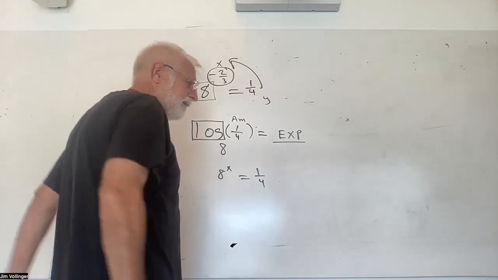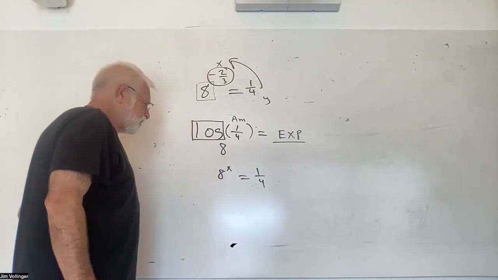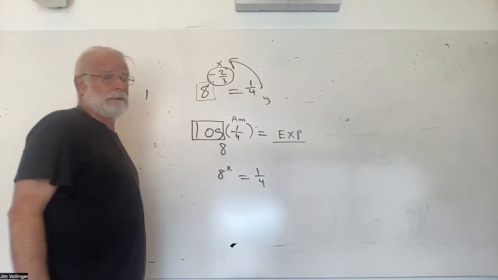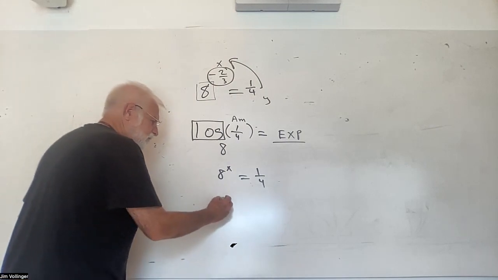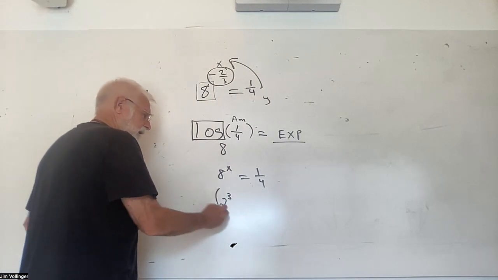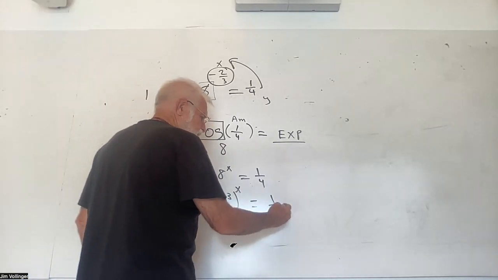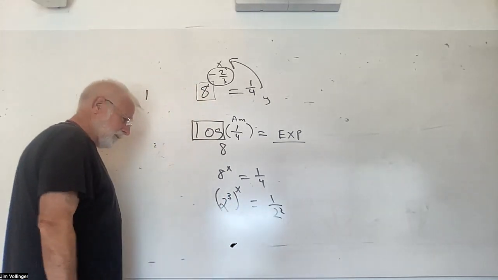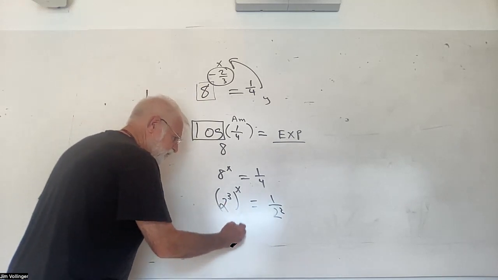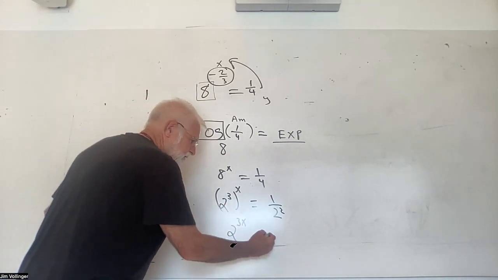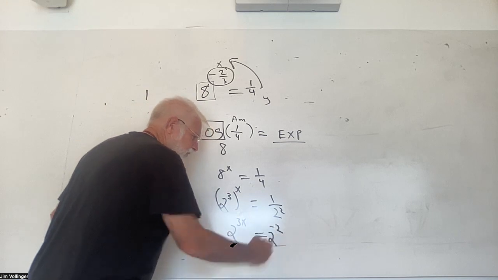All right, so what's the same base? How can I express the number 8 and 1/4 exponentially? Well, 8 is 2 to the 3, and I can raise that to the x power. And 1/4 is 1 over 2 squared. Running out of room here. But this is equal to 2 to the 3x, and this is equal to 2 to the minus 2.